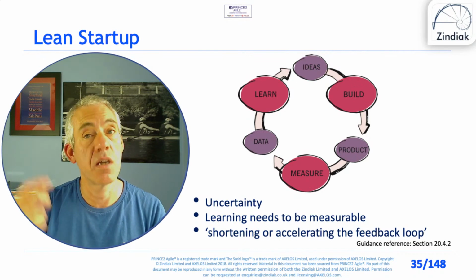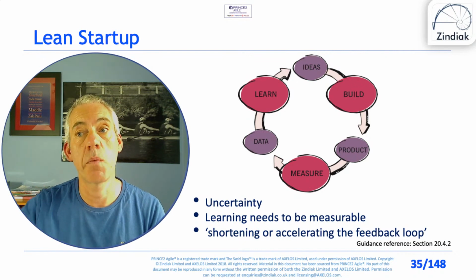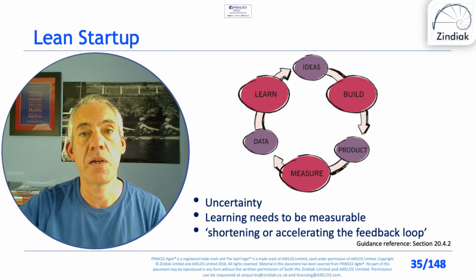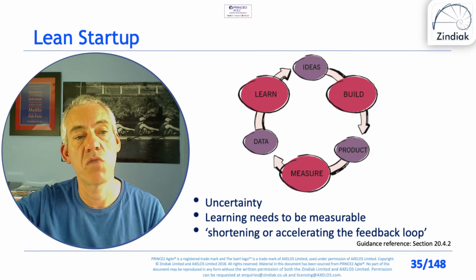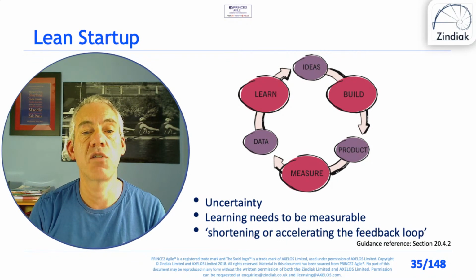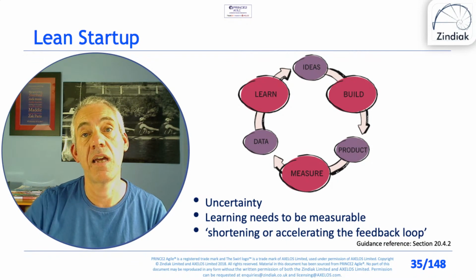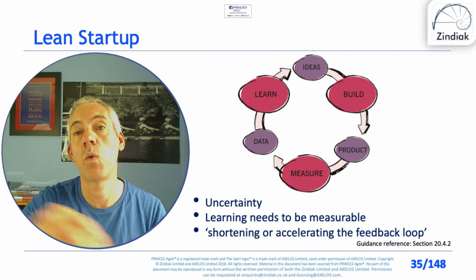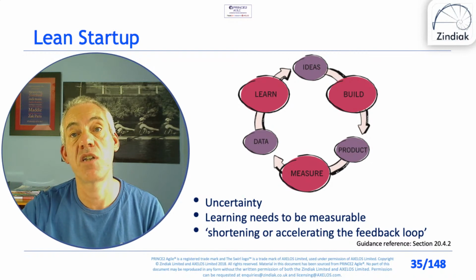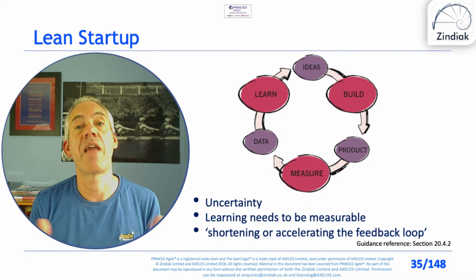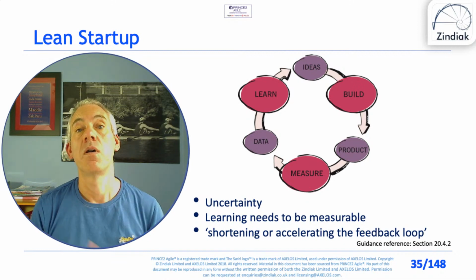It deals with uncertainty, works particularly well in uncertain situations where we're not sure what the customer wants. So in those new, innovative areas of business, the disruptors, it works really well for them. And it's aiming at shortening or accelerating the feedback loop, i.e. from getting feedback from a customer, how quickly can we apply it and make the change and improve our product and make a difference, and trying to shorten that time frame as much as possible.